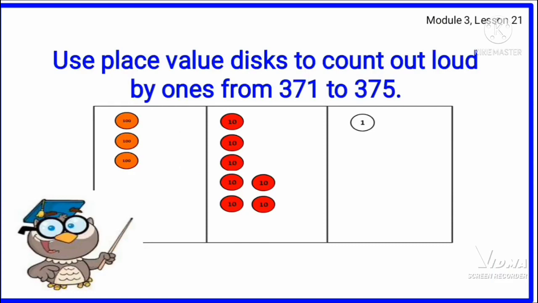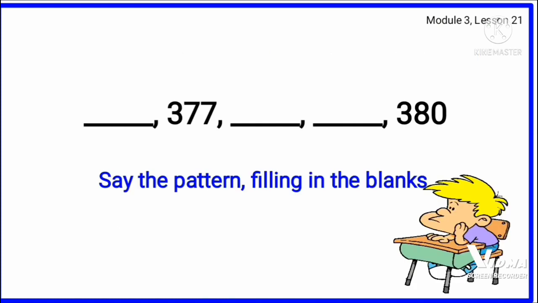Now use the place value chart to count out loud by ones from 371 to 375. Let's go. We have 371, 372, 373, 374, 375. The same way, just look at the pattern. What will be the pattern?